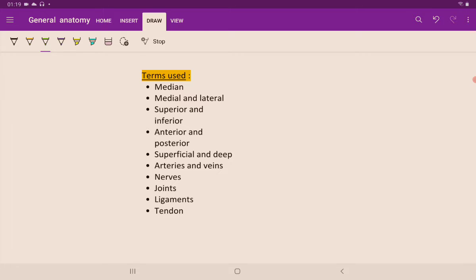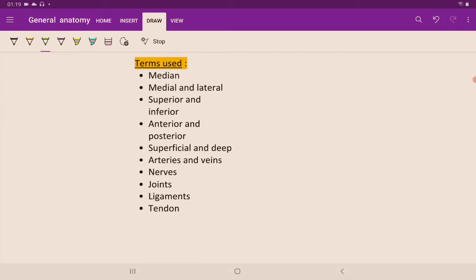Arteries and veins we'll discuss in detail. Nerves, the definition of nerves is, guys, it's a bundle of myelinated axons out of CNS. You have learned the diagram of a neuron in 12th, I think. Now there's an axon, there's a cell body, and the axon is myelinated. So if many axons like that come together, that's a nerve. That's a peripheral nerve, basically.